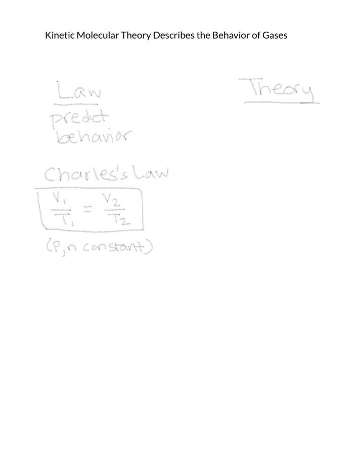On the other hand, what a theory does is it explains behavior. A theory answers that, wait, but why question. So Charles's law says, if I heat up a gas, then it takes up more space.